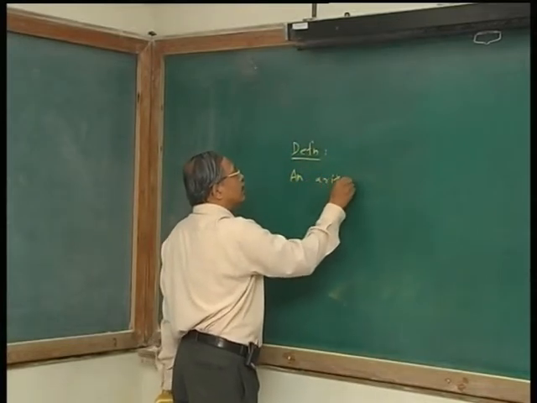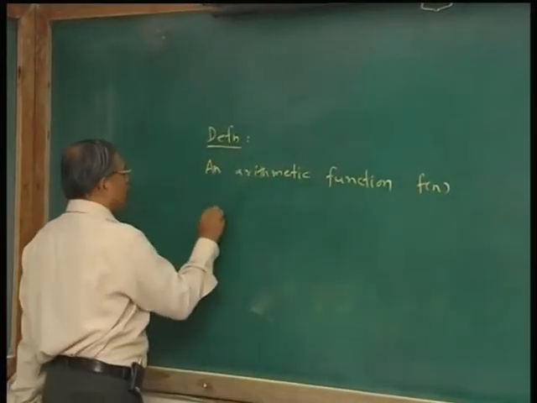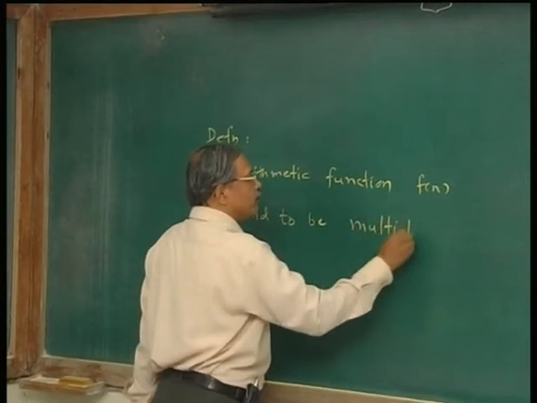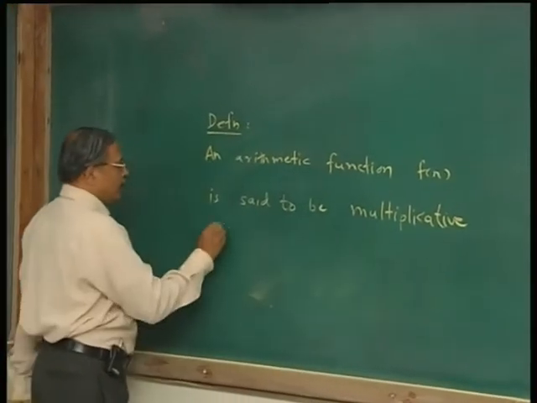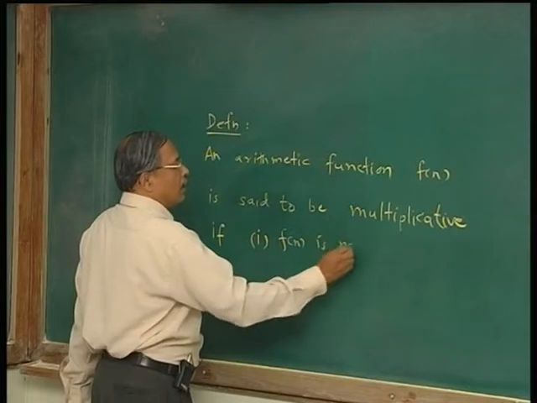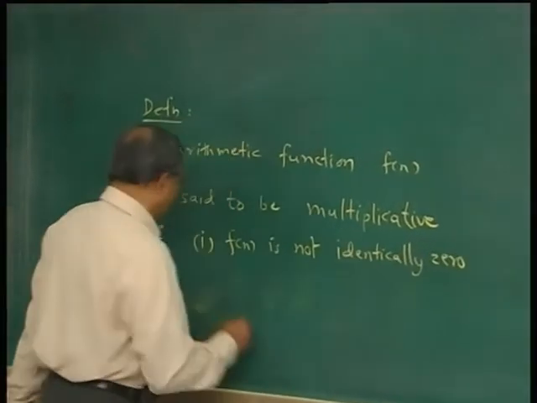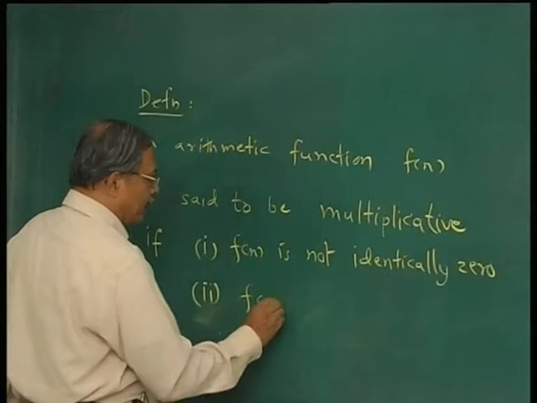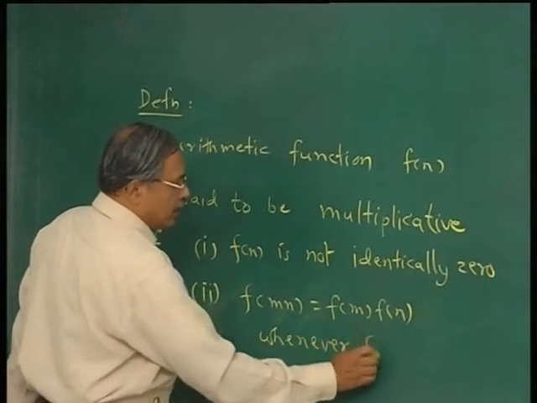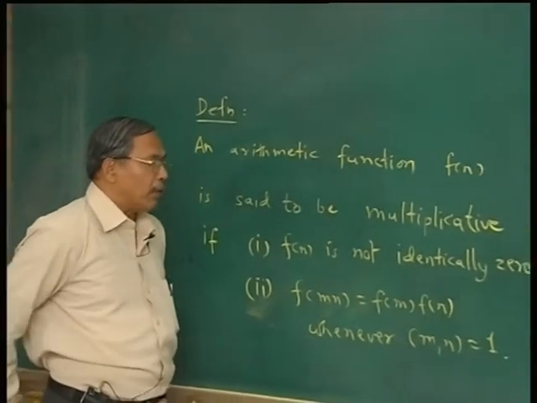An arithmetic function f(n) is said to be multiplicative if it is not identically 0 and the main property is that f(mn) equals f(m) times f(n) whenever gcd(m, n) is equal to 1. Such a function is called a multiplicative function.